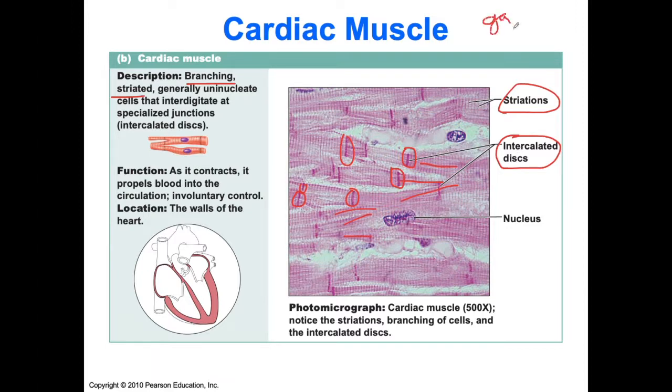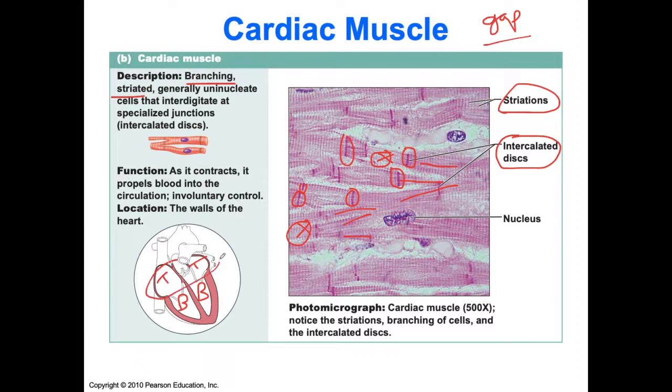via gap junctions. We have gap junctions, which are needed for very fast, rapid communication, so that this heart muscle cell and this heart muscle cell can get the message at the exact same time, so that your top chambers, T for top and B for bottom chambers of the heart, can contract.